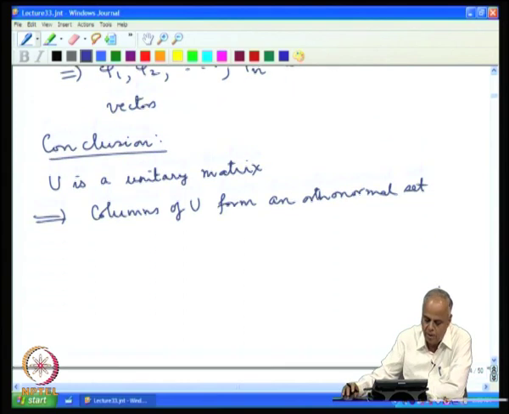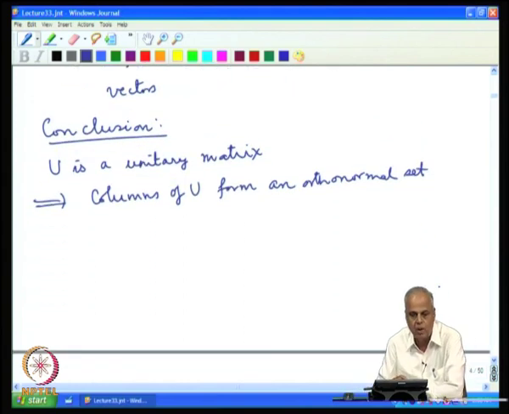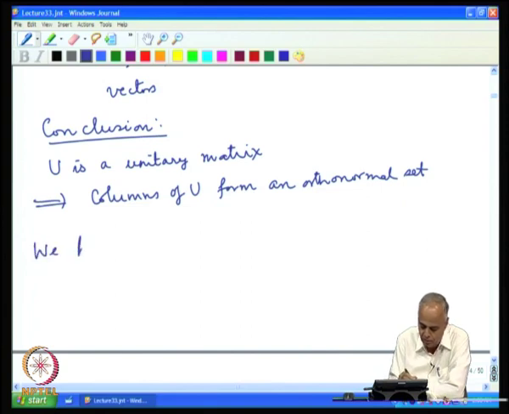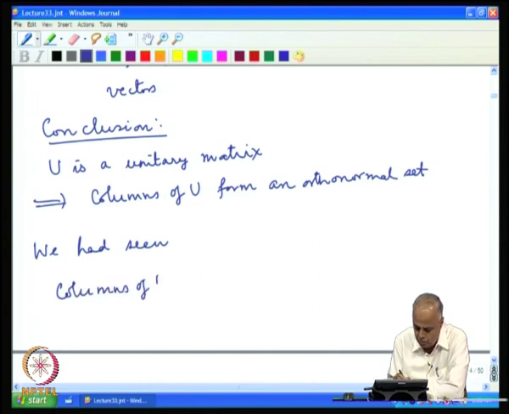Now, we have verified last time that if the columns of U are orthonormal, then U is unitary.